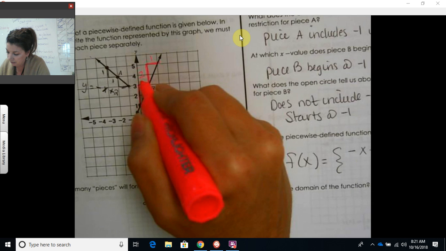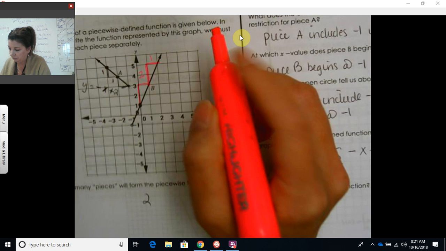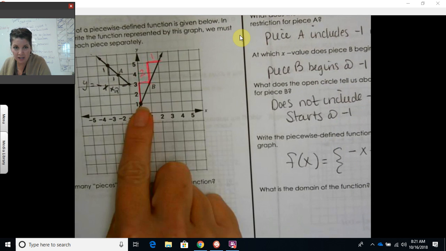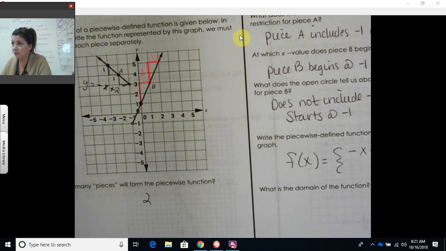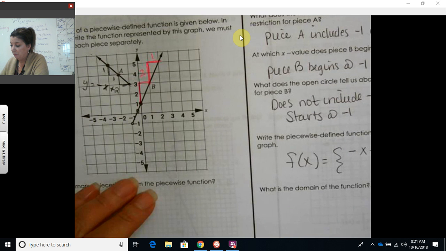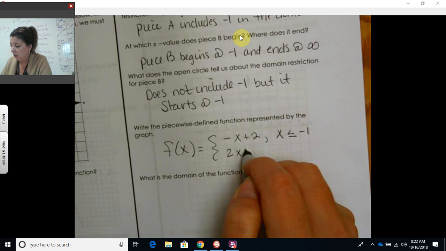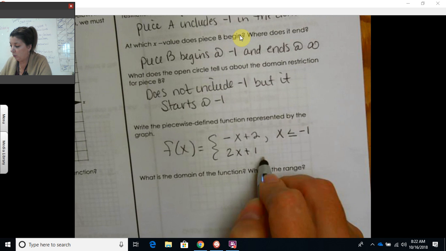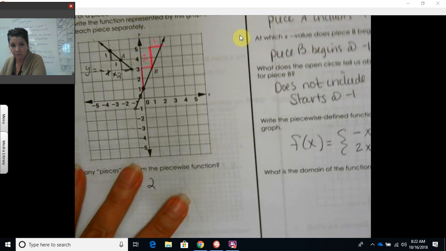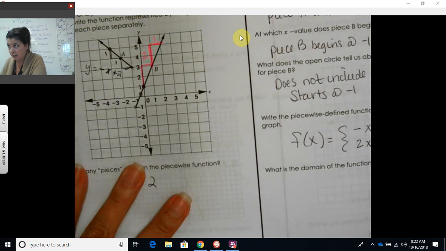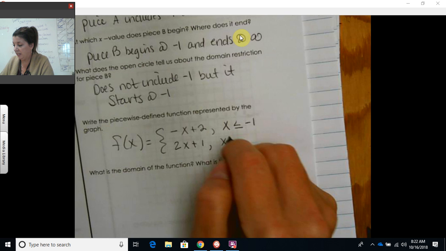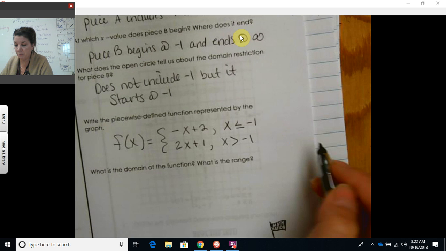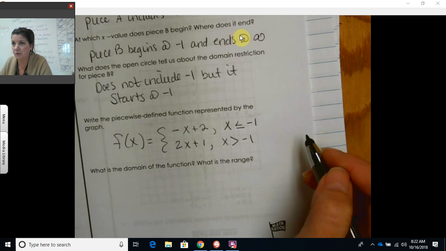And is it positive or negative? Positive. So if my y-intercept is 1 and my slope is positive 2, my equation would be y equals 2x plus 1. Slope of 2, y-intercept of 1, when my x's are greater than -1. We can't put the or equal to part because -1 was not included in that interval. Okay? Everybody cool with that?